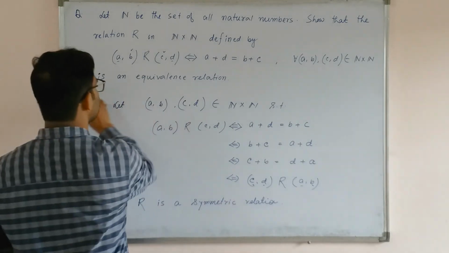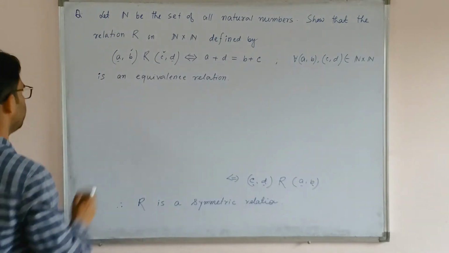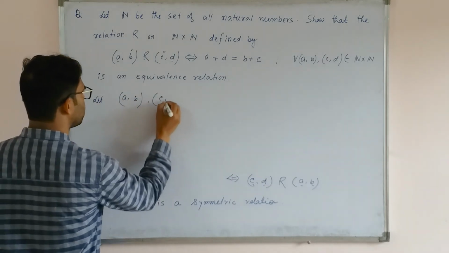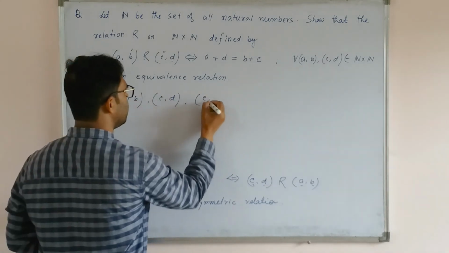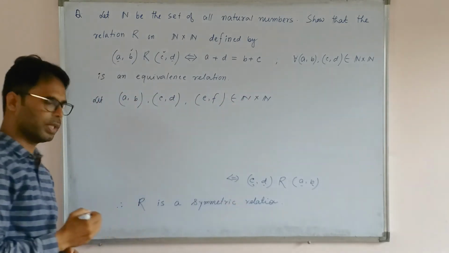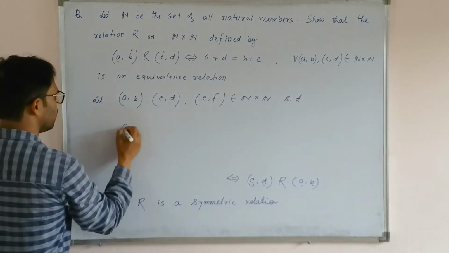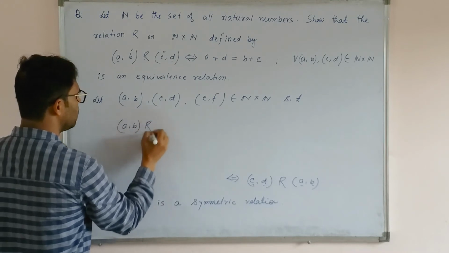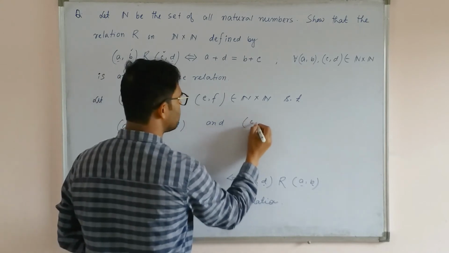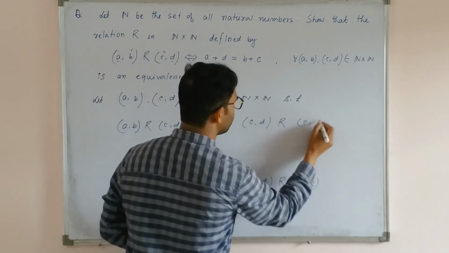So let the ordered pairs (a, b), (c, d) and (e, f) belong to N cross N such that (a, b) is related to (c, d) and (c, d) is related to (e, f).